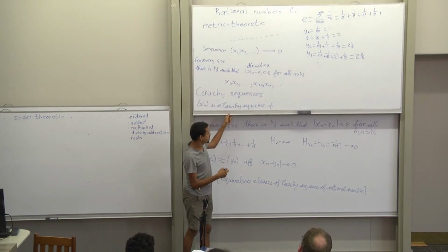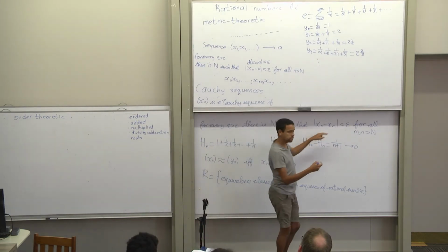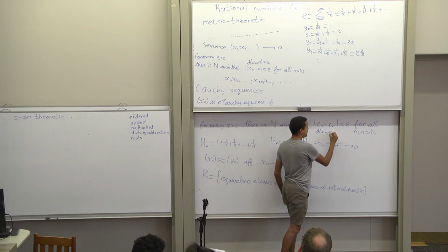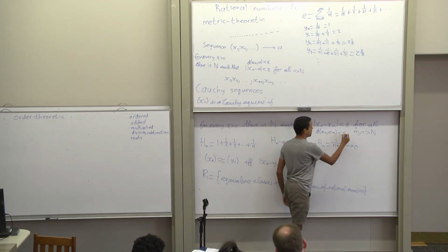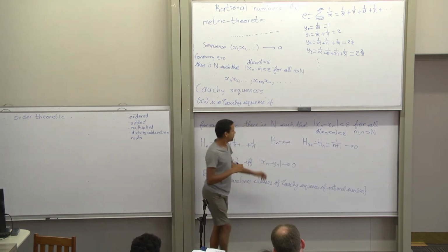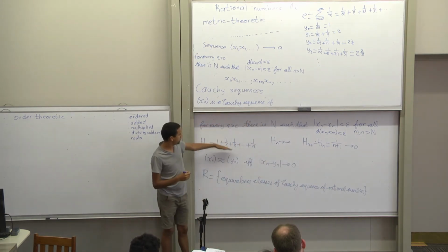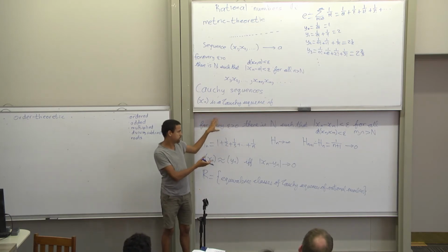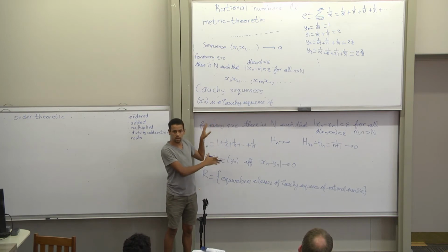Or here, where that difference is less than epsilon, I can just say the distance between xn and xm is less than epsilon. So this way of defining Cauchy sequences and when it converges can be done in basically exactly the same way for any metric space.